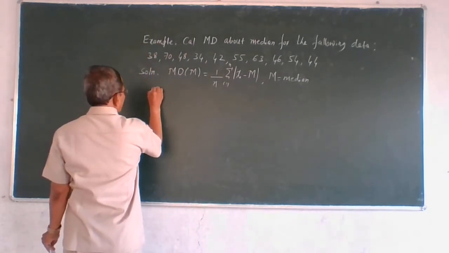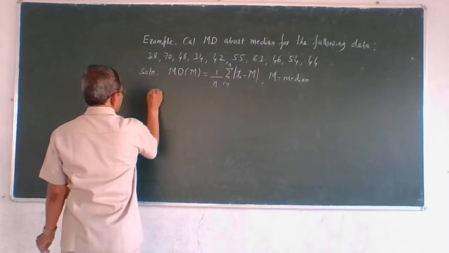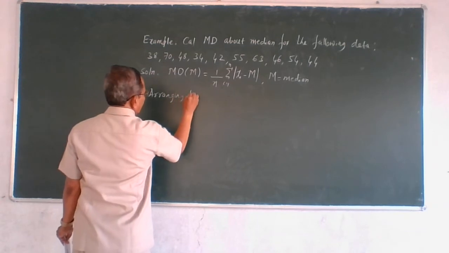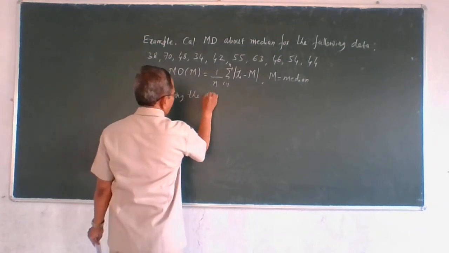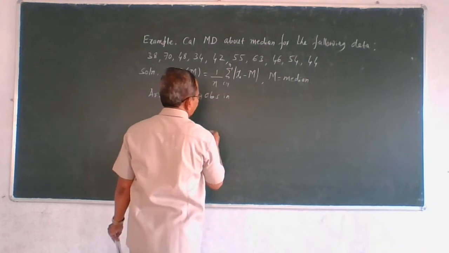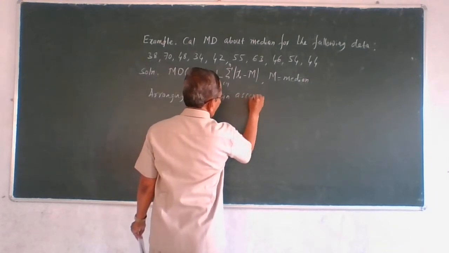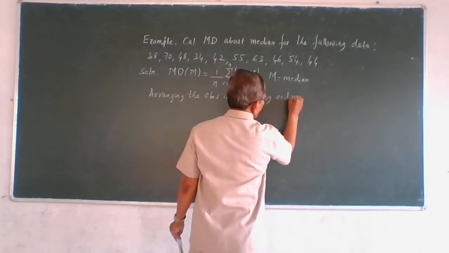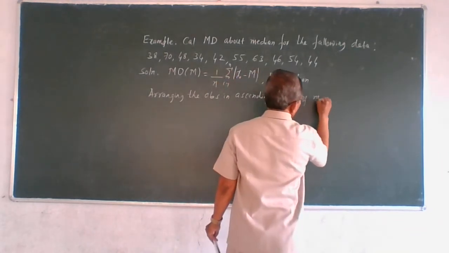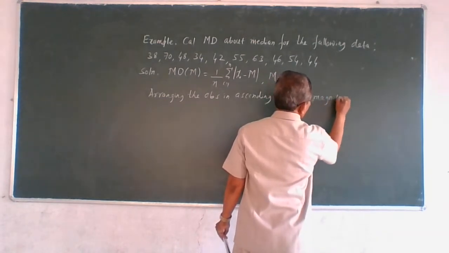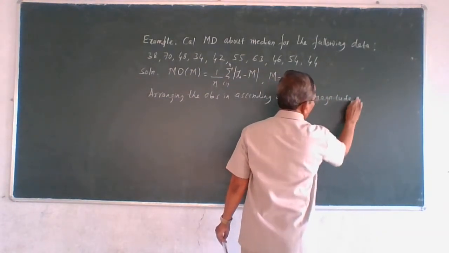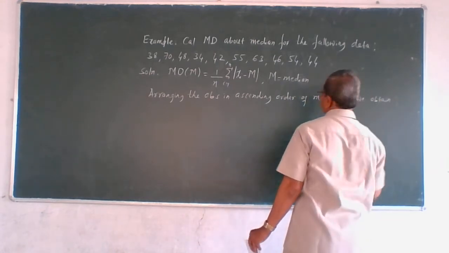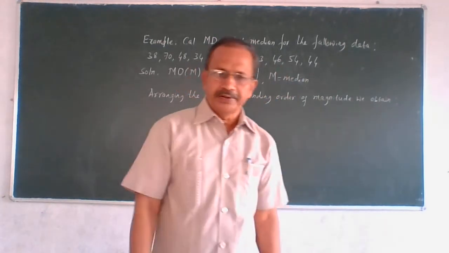Arranging the observations in ascending order of magnitude, we obtain the ascending order of observations.